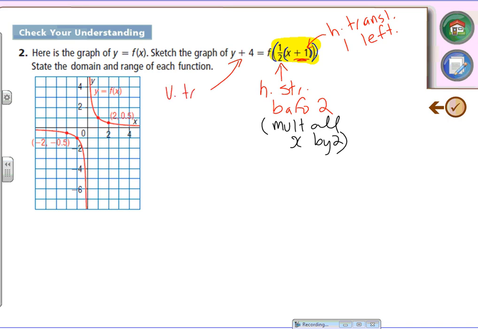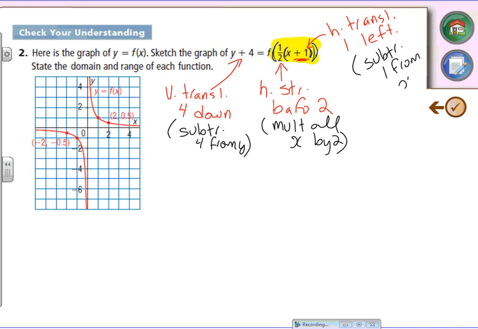So this is a vertical translation, 4 units. And because it's where it's supposed to be, we do the opposite. That is down. The vertical translation means subtract 4 from the y value, and the horizontal translation, because it's going left, subtract 1 from x. We got to do it in the order of the stretches before the translations.